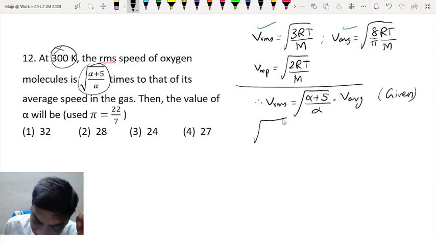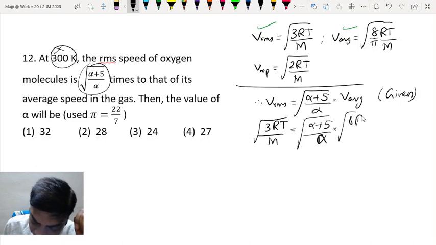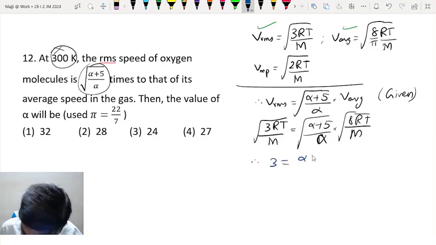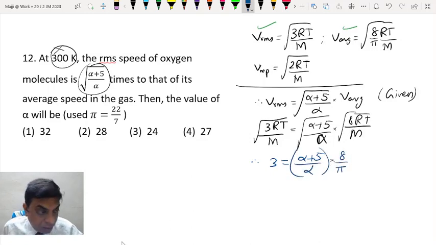So when you substitute the corresponding parameters there, you get something like this. So you can square both sides. Squaring both sides, you will be able to eliminate the square root symbol there. Once the square root symbol gets eliminated, you can simplify this.